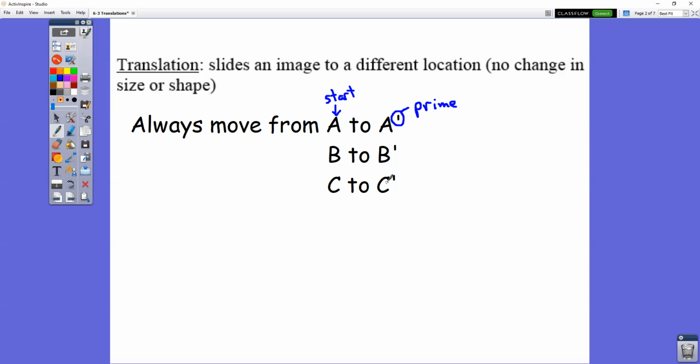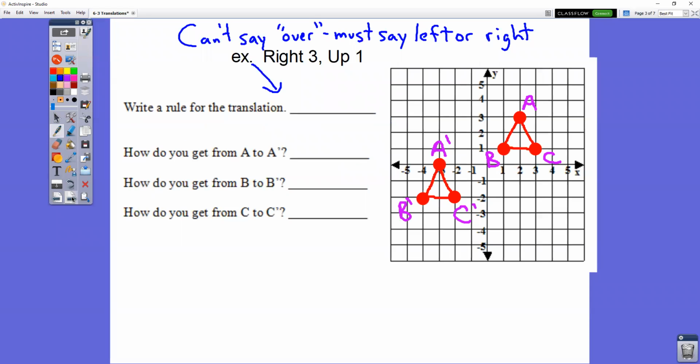Make sure that you are always counting from A to A prime, B to B prime, C to C prime. You can't, for example, go from A to C prime. You've got to go from A to A prime. That's one of the biggest mistakes that people make.